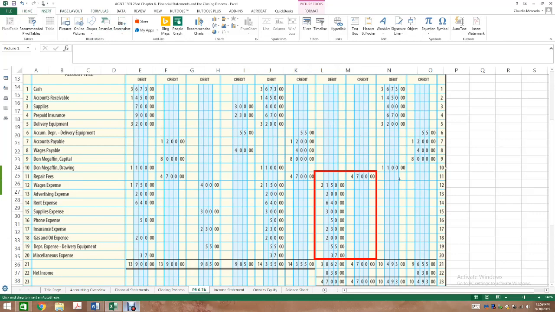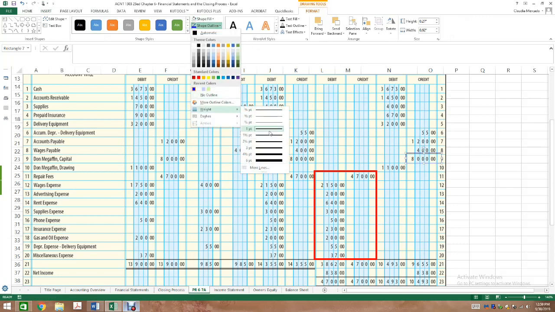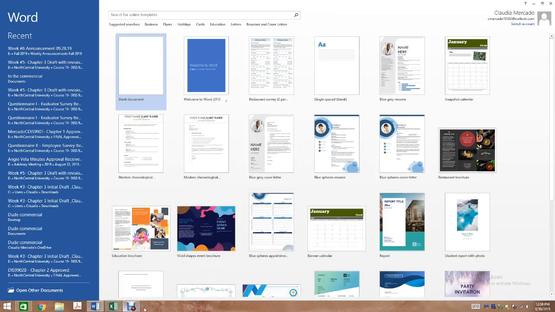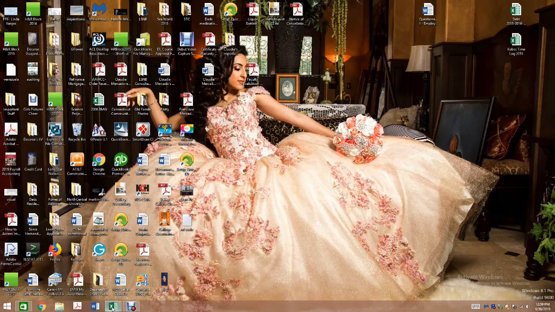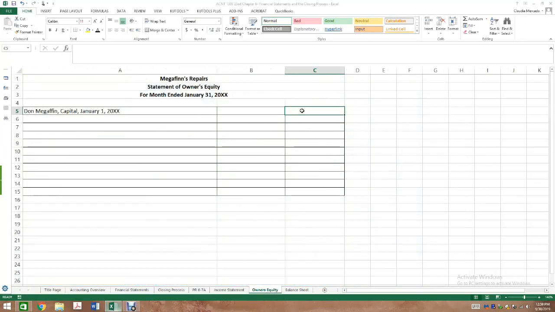This is where I'm picking up the amount from. So I'm going to start off with my capital balance, which is $8,000. I'm going to take that over to my owner's equity amount here, and I'm going to put in my $8,000.